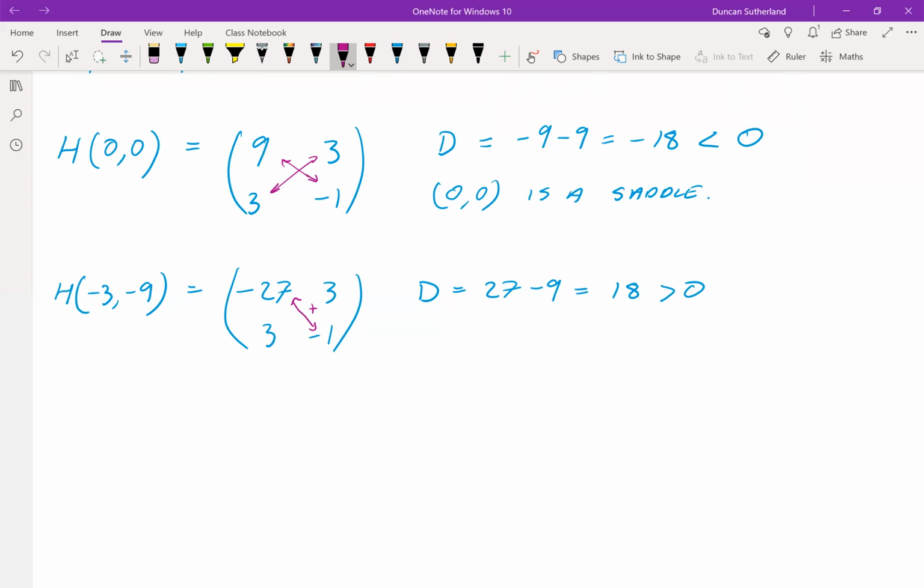The trace of this thing is minus 28. That's less than 0, so I've got a little shape like this. It's a maximum.